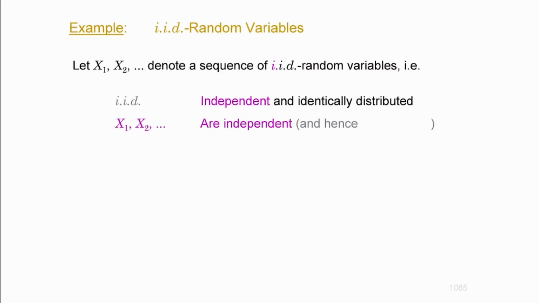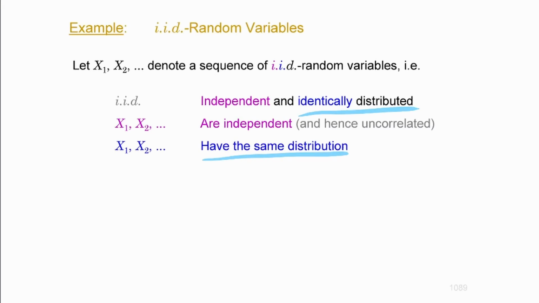This also implies that they're uncorrelated, so their covariances are going to be 0, and they have the same distribution. Identically distributed means just that they have the same distribution respectively. So if the first is standard normal, then every other is going to be standard normal. In this case, they are i.i.d.